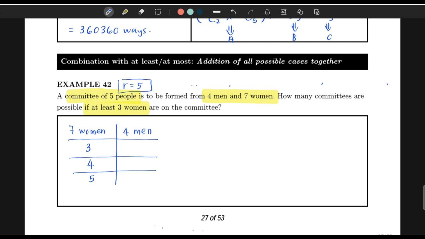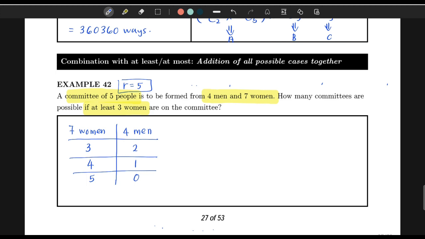If we choose 3 women, the remaining members is only 2 from 4 men. Then if we choose 4 women, the balance we can choose 1 man. And if we choose 5 women, 0 men we can choose, so no men.